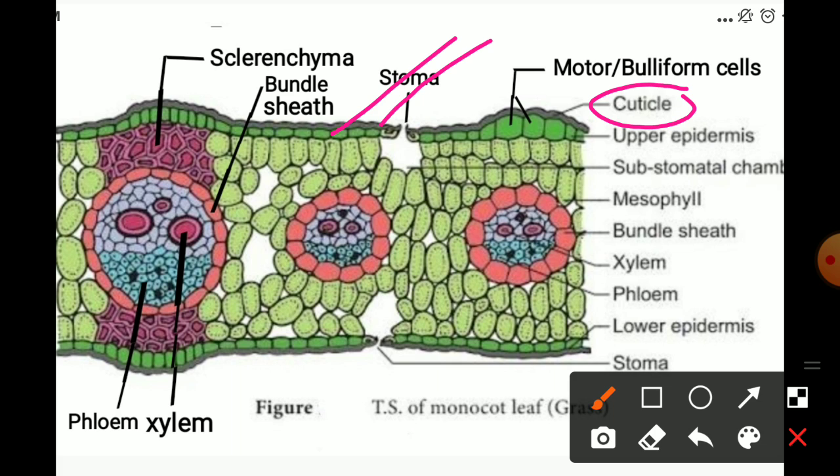This cuticle is made up of different substances in different plants. Here, silicon salts are there in the form of cuticle in the monocotyledons. So this is about the upper epidermis.